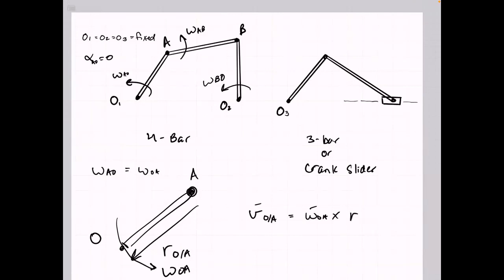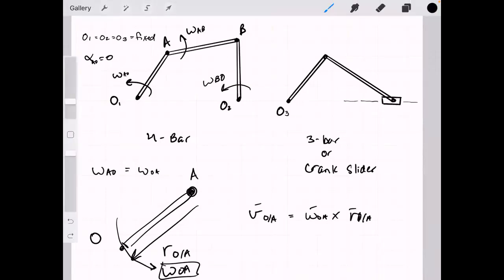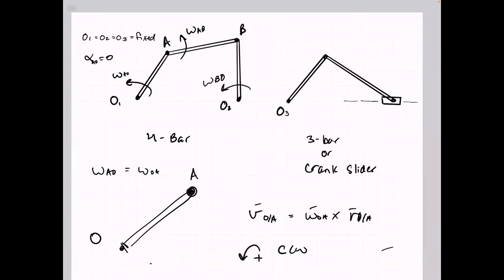So the only difference is the direction of this velocity, this direction vector. This value is going counterclockwise, which is positive. If we were to redo the system and have it counterclockwise, so that instead of R O with respect to A going in that direction, we had instead a vector of R A with respect to O up here.